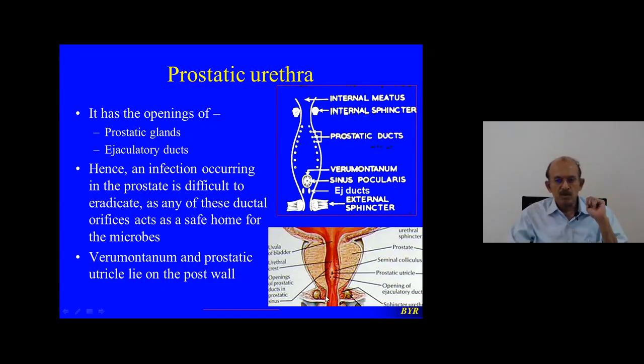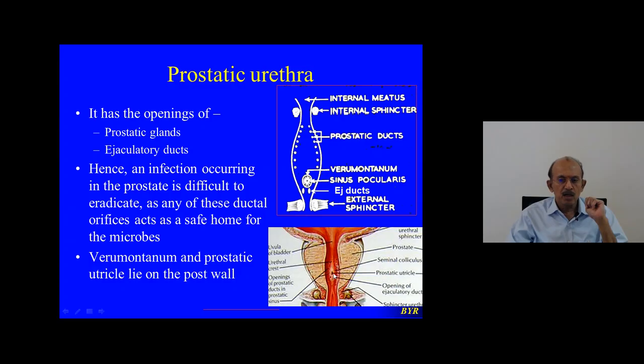The membranous urethra is surrounded by the external urethral sphincter. So when you are doing a prostatectomy operation by endoscopy procedure, that is called transurethral resection of prostate, abbreviated as TURP, you must cut the enlarged lobes above the verumontanum.